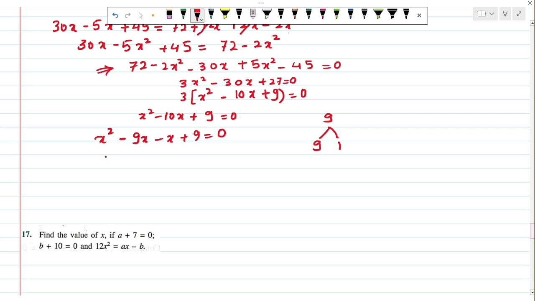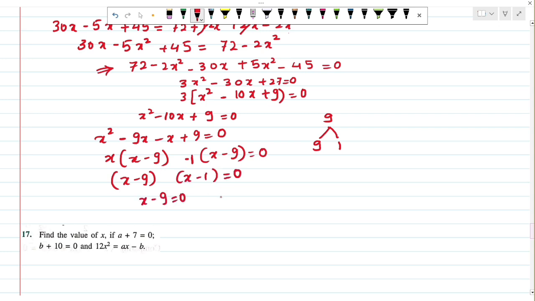If I take the common terms, that is x minus 9, and here also x minus 9, and this becomes minus 1, which equals 0. So (x - 9)(x - 1) equals 0. I'll get x minus 9 equals 0 or x minus 1 equals 0. So x equals 9 or x equals 1.